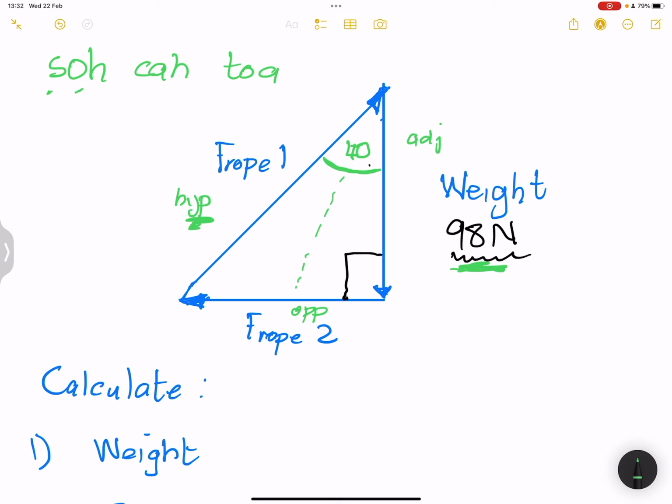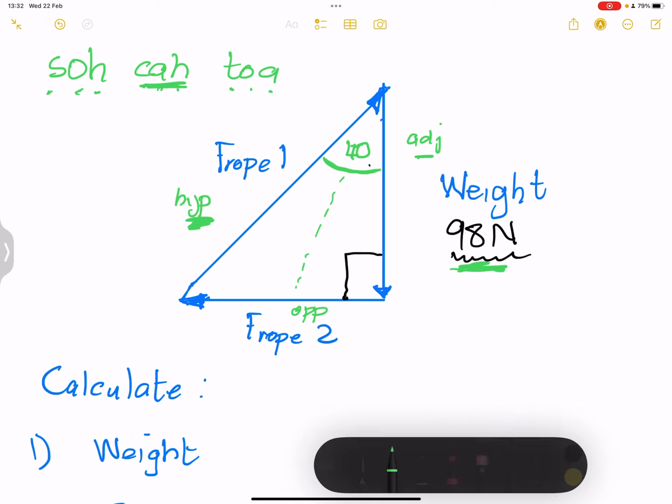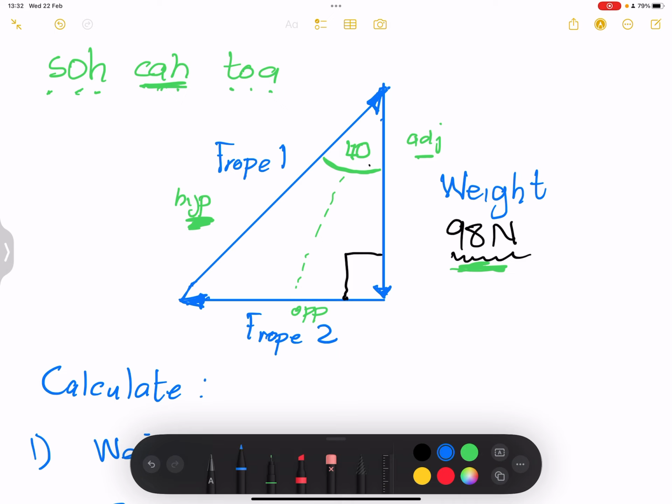Sine is opposite over hypotenuse, cos is adjacent over hypotenuse, tan is opposite over adjacent. So we're looking for hypotenuse with an adjacent, A and H. You can see that's going to be the cos, the cosine of angle theta.